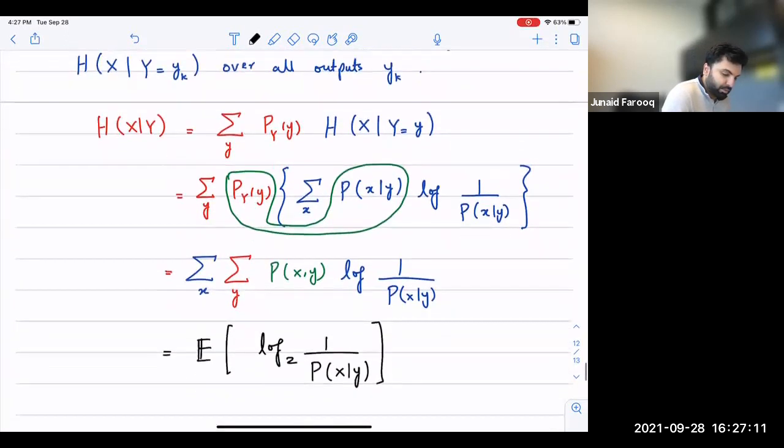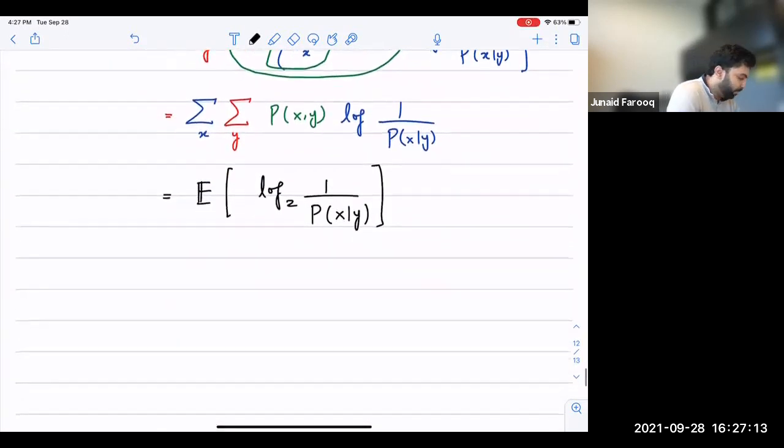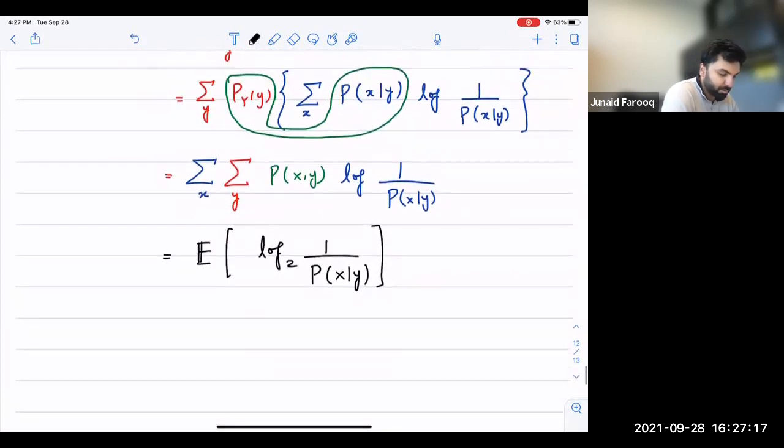And I would emphasize again to pay more attention to this, because it is slightly confusing and maybe not straightforward. Okay, so let's take a quick example.